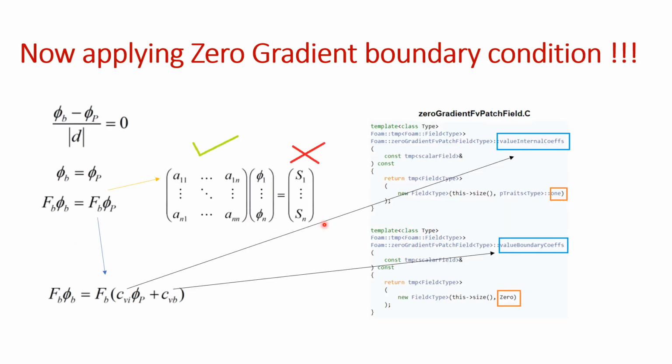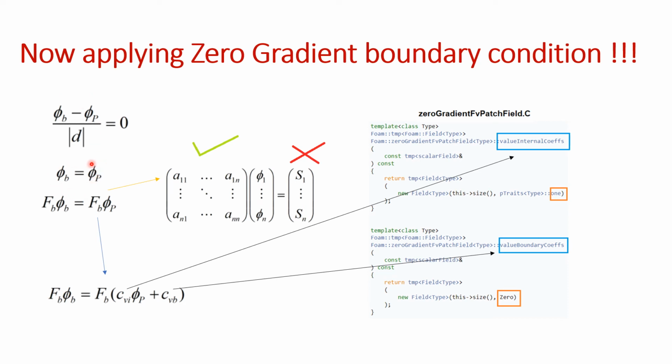We just now saw that phi b minus phi p upon the magnitude of the distance between them should be equal to 0. That means these two values are the same, so phi b is equal to phi p. From this expression here we get this.